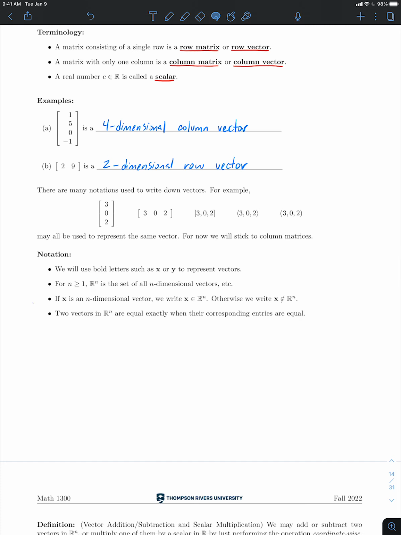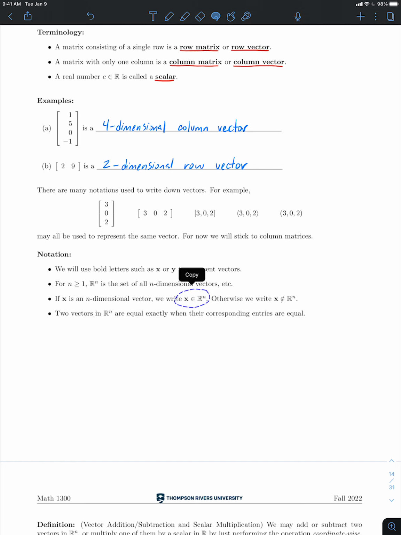Okay, now let's say you had a particular n-dimensional vector, and let's stick with the notational convention we said above, and we'll give it a boldfaced letter as a symbol. So we use boldface x here. So if x is an n-dimensional vector, then you can write this notation, which just says that x belongs to Rn. It means it happens to be one of the vectors that lives inside of Rn.